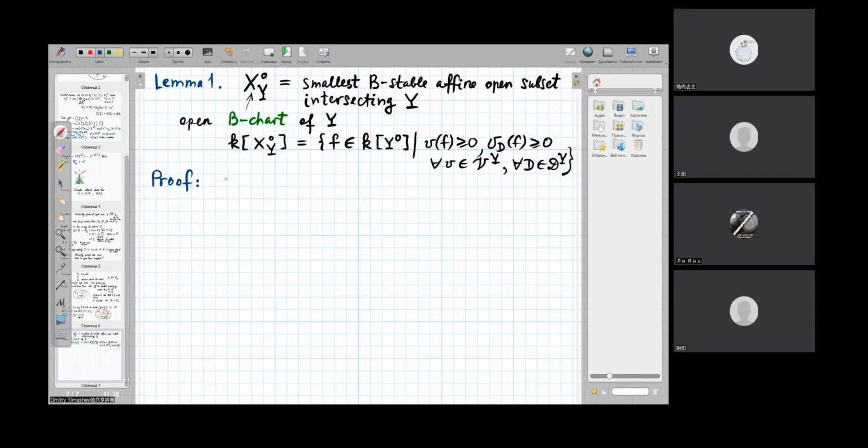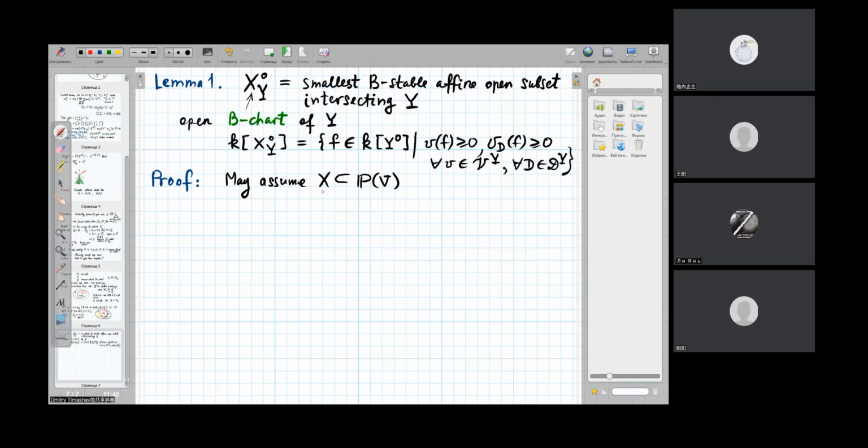Since we are working with a simple spherical variety, we know it is quasi-projective, so we may assume that X sits in the projective space, the projectivization P(V), where V is the space of a linear representation of G. So G acts on the vector space V, and so it acts on the projective space P(V).